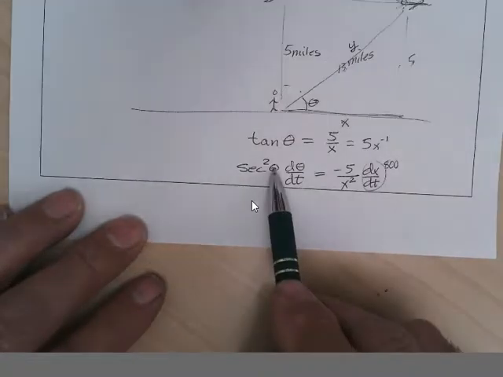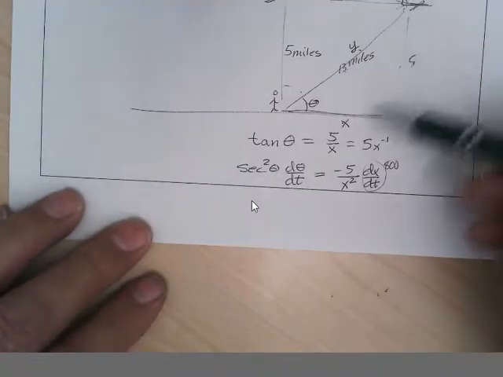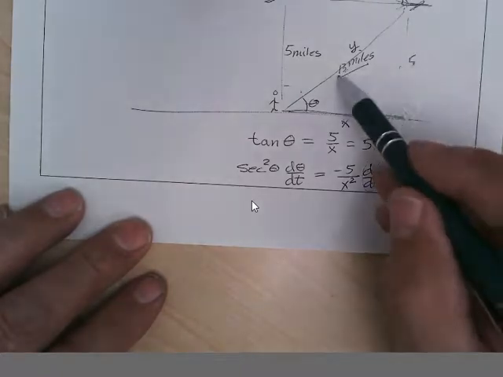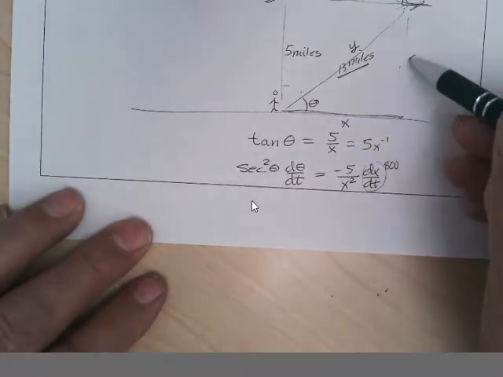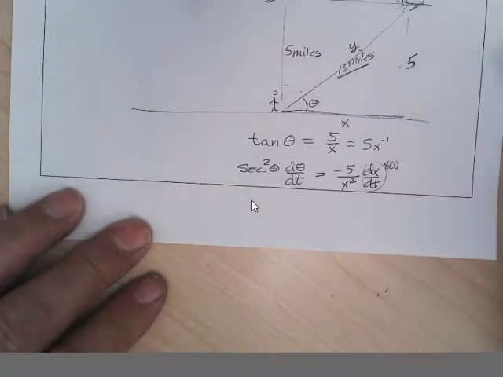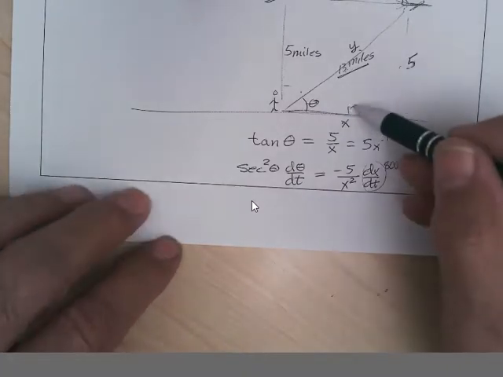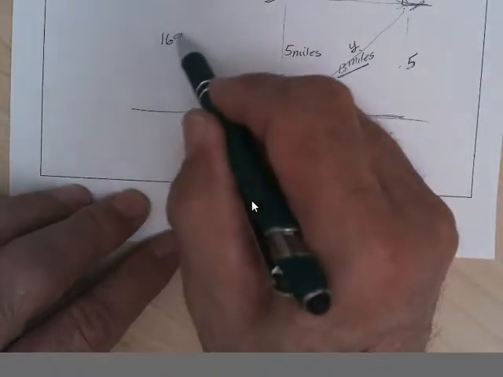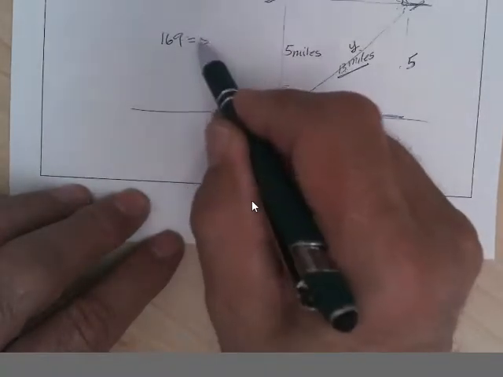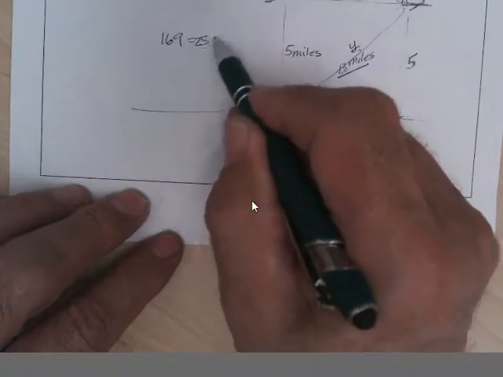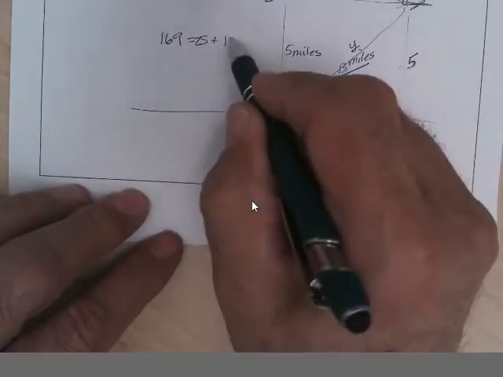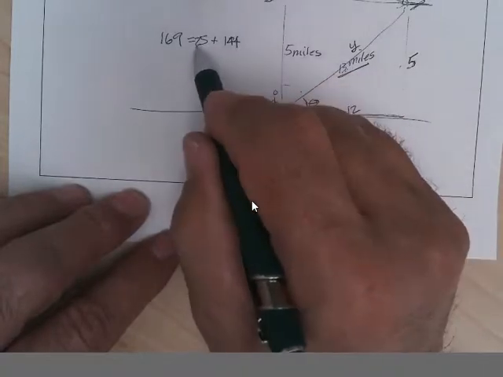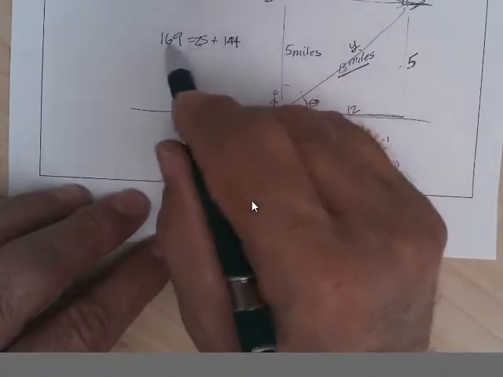The angle, let's see, we're going to have to figure that angle out. So we need to know how far it is if this is 13. So now we're doing it when this is 13. If this is 5, if you know your special triangles, this has to be 12, but you can also go 13 squared, which is 169, equals 5 squared, which is 25, plus what squared, and that happens to be 144, or 12 squared. 144 plus 25 is 169.